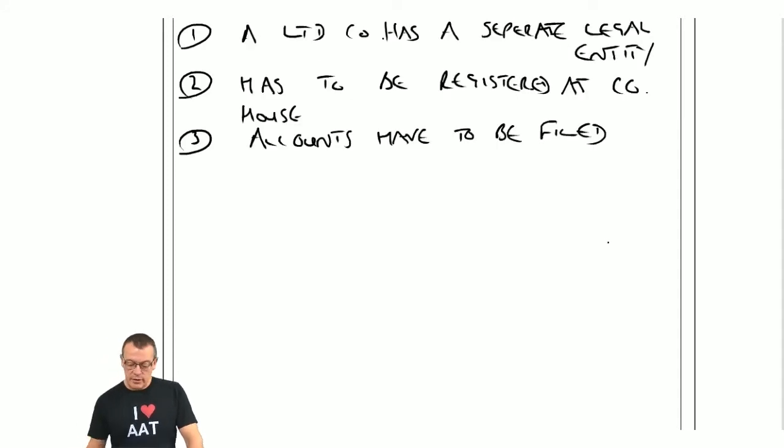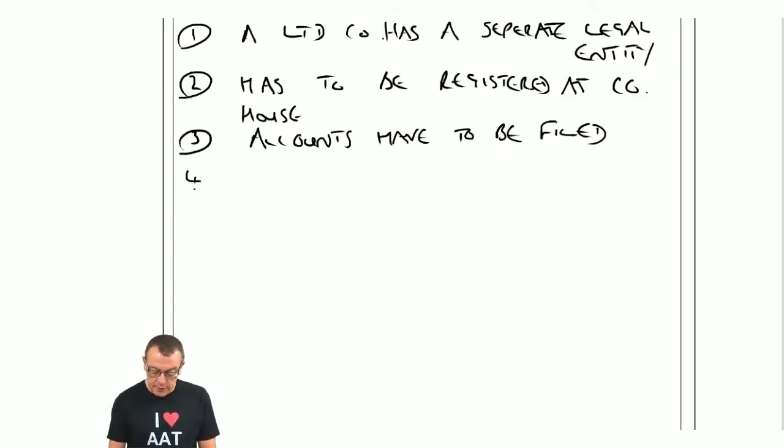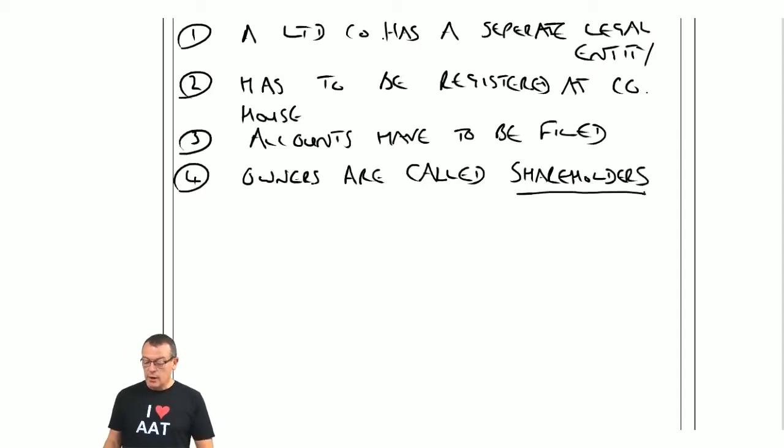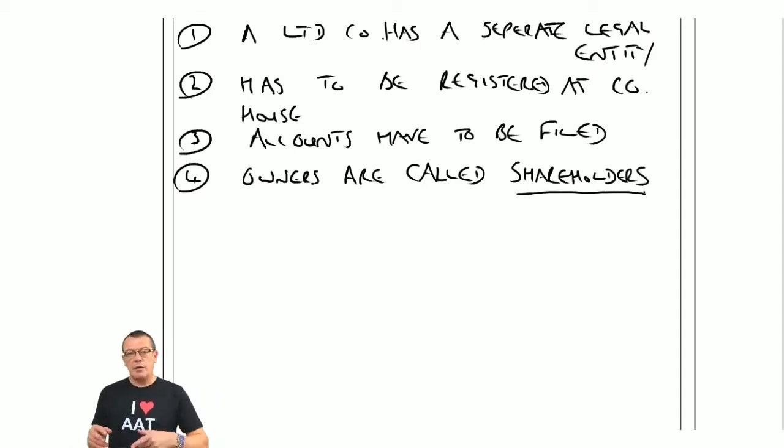So the owners, who currently are the partners, the owners of a limited company are now called shareholders. So very big distinction here. Now that's fine if the partners are going to be the only shareholders, then they're still the owners, in effect.